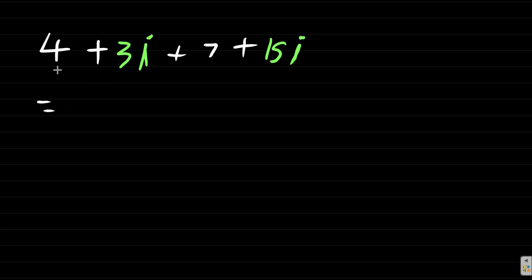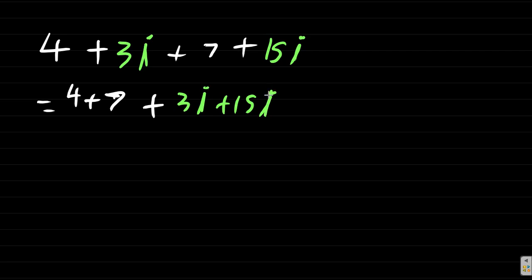Then what we get are real parts added, 4 plus 7, plus then imaginary parts added, 3i plus 15i.